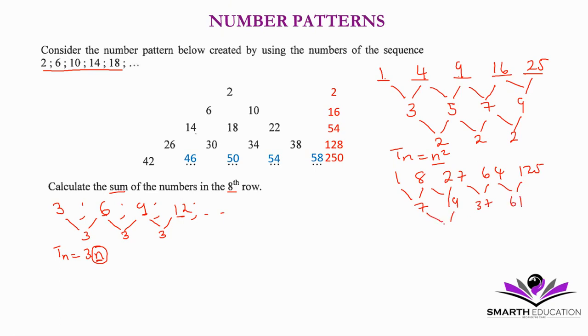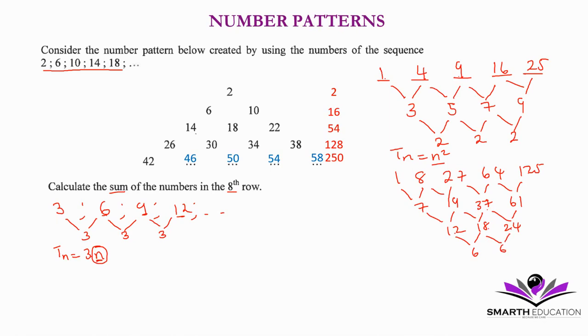Then the second differences: 19 minus 7 is 12, 37 minus 19 is 18, and then 61 minus 37 is 24. Then 18 minus 12, that's 6. And then 24 minus 18, that's 6.